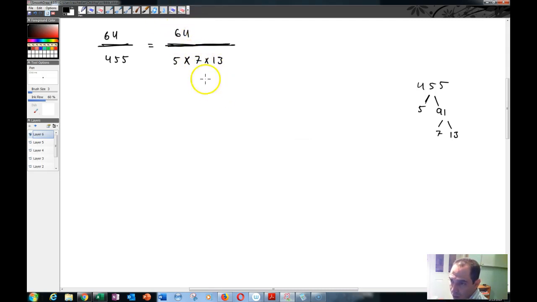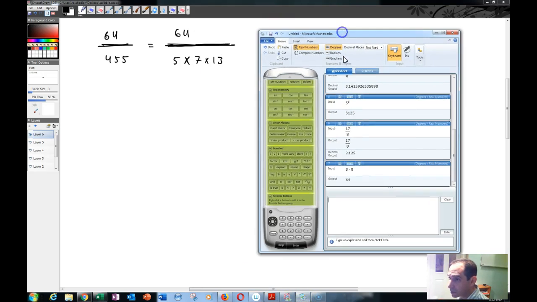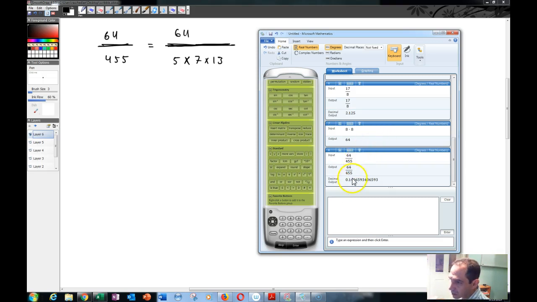So that's going to cause the number to have a non-terminating decimal representation. And if you want to see this, you can simply divide 64 by 455, and you see that the decimal representation is non-terminating. Now this number has been rounded off to, I don't know, 13, 14 decimal places.